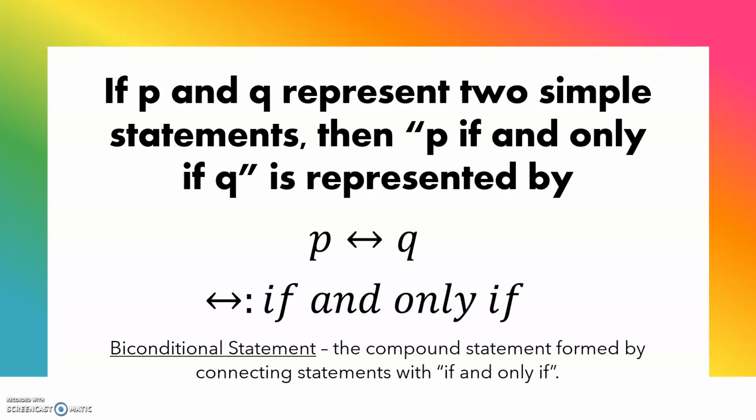And that is called a biconditional statement. It's biconditional because it's the conditional going both ways, which we'll talk about later. It's the same as saying if P then Q and if Q then P, okay? But this is called a biconditional statement, and that's a compound statement formed by connecting the statements with if and only if.